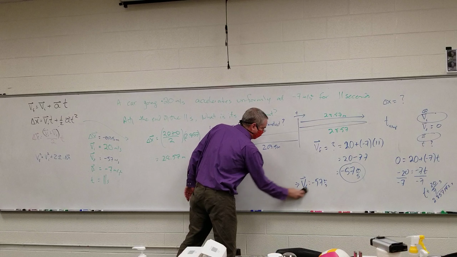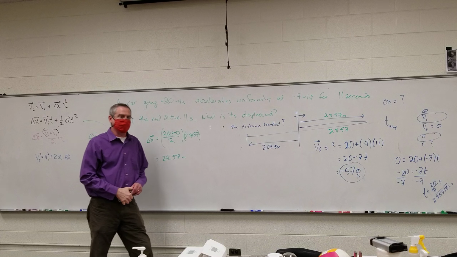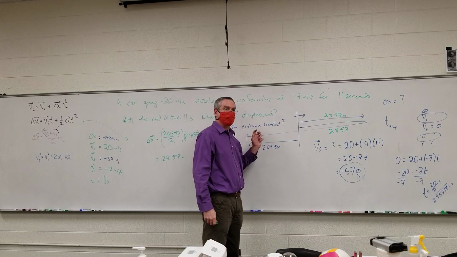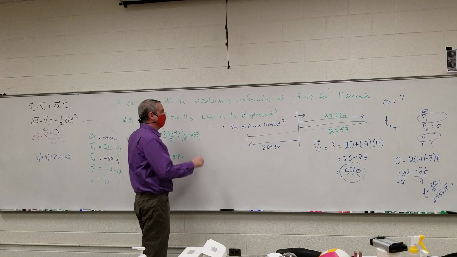So would we have to double the value for our distance traveled? In this particular case, yeah, since he does pass across the starting point, that would double, and then plus this. Okay.